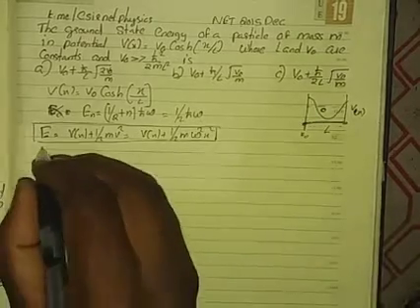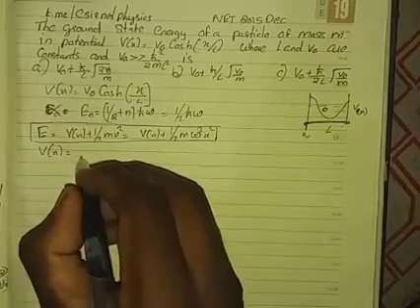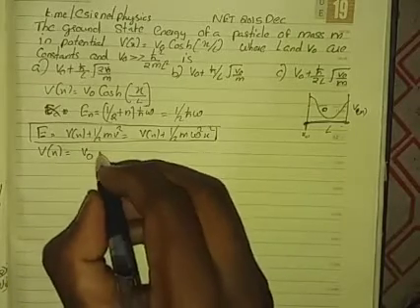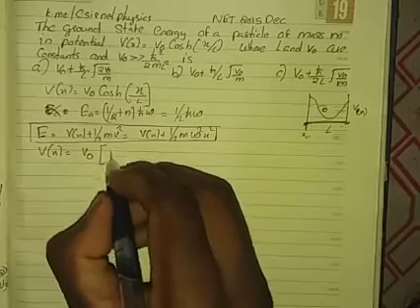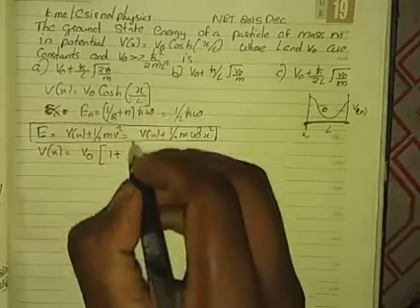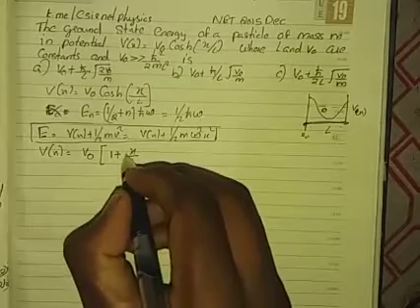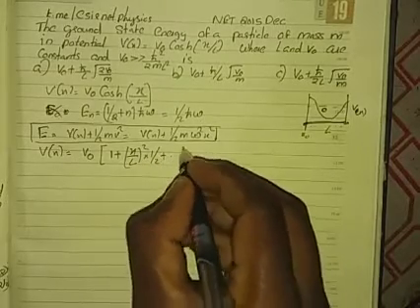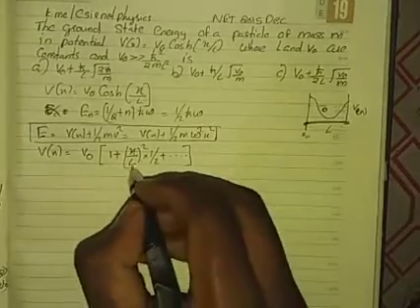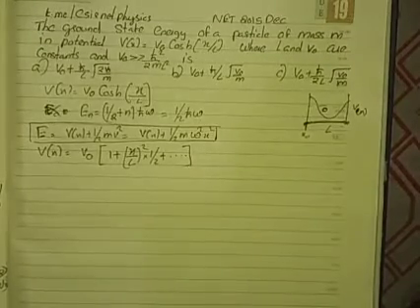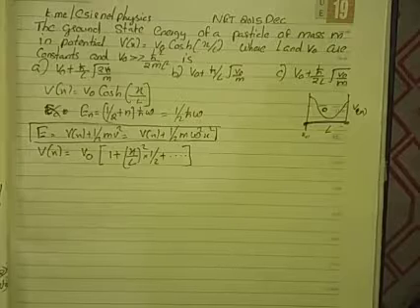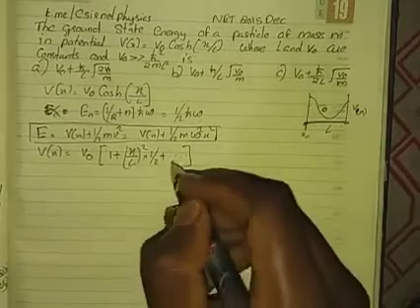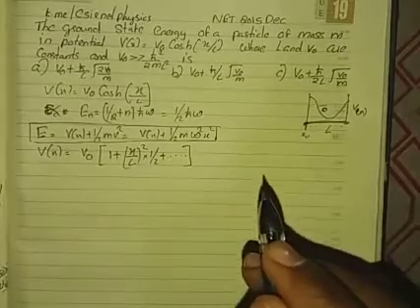V of x can be expanded: V0 into cosh of x by L can be written as 1 plus half of (x by L) the whole square, plus etcetera, and it goes on. We are going to keep terms up to the second term and neglect all the other terms, since we are approximating at the moment.